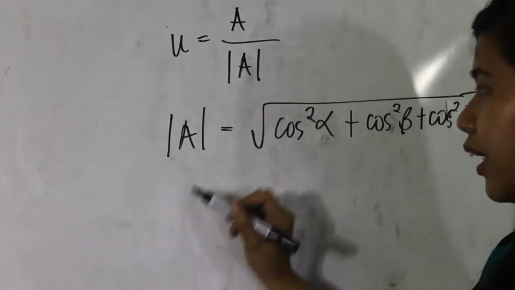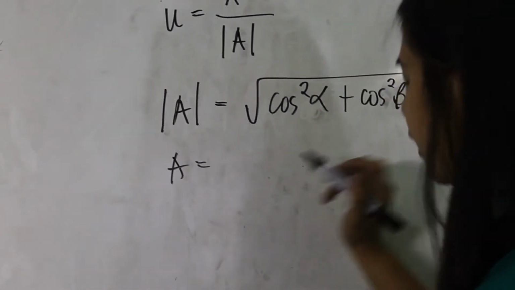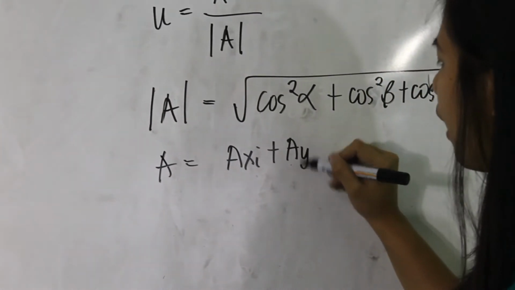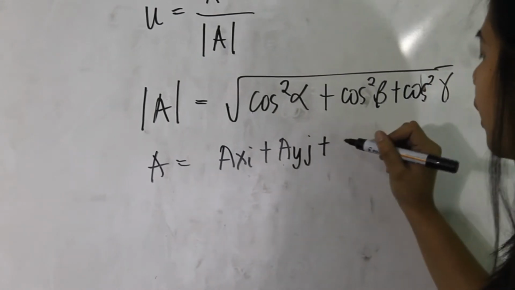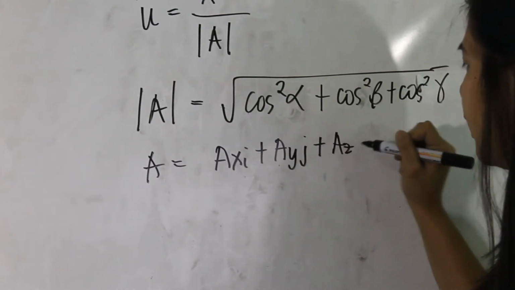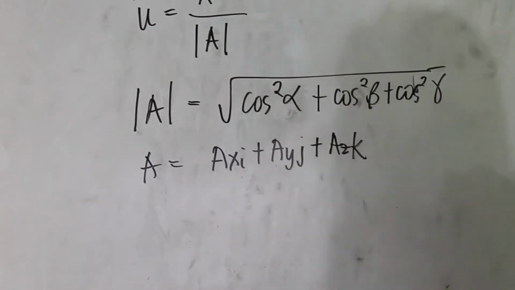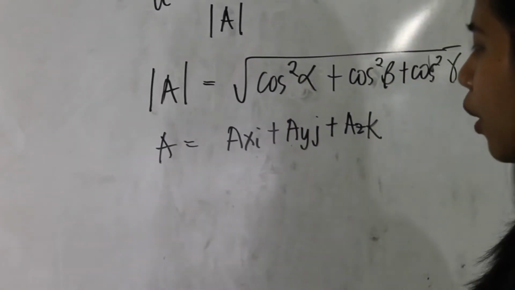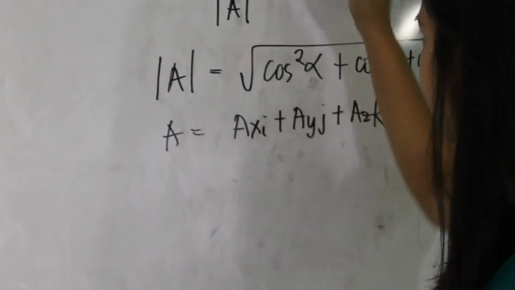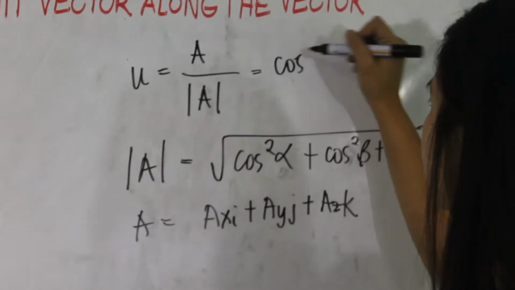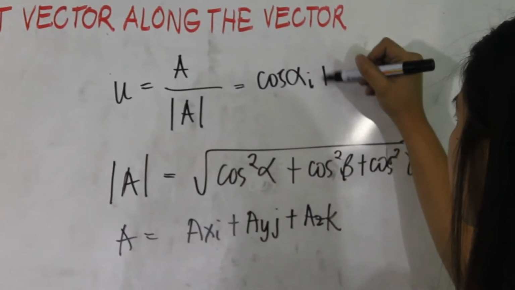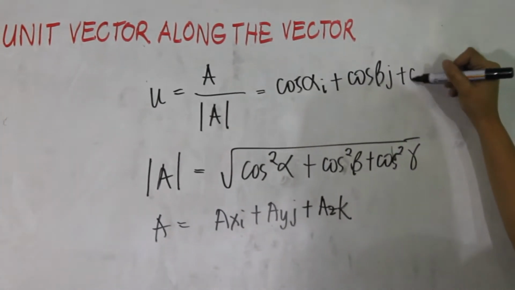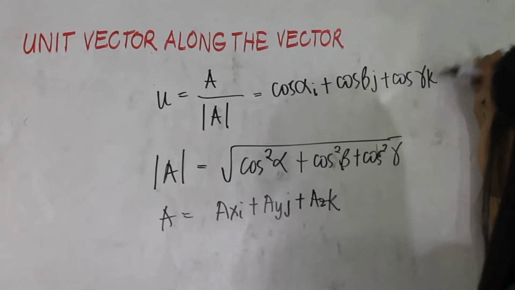For our vector A, which is equal to A sub x i plus A sub y j plus A sub z k, notice that cosine alpha is equal to A sub x over A. Therefore, our unit vector is equal to cosine alpha i plus cosine beta j plus cosine gamma k.